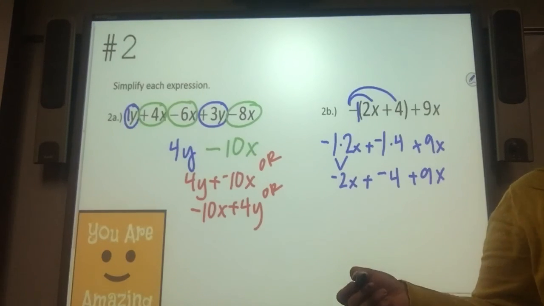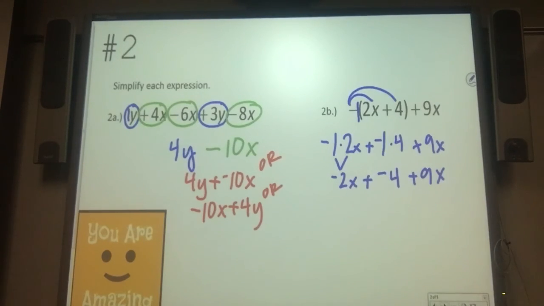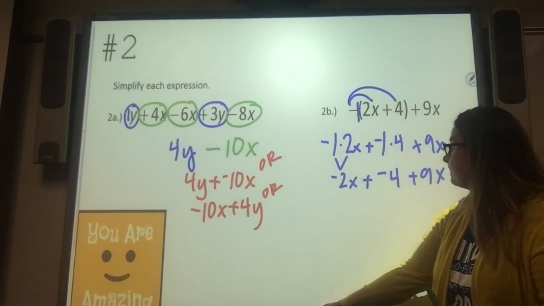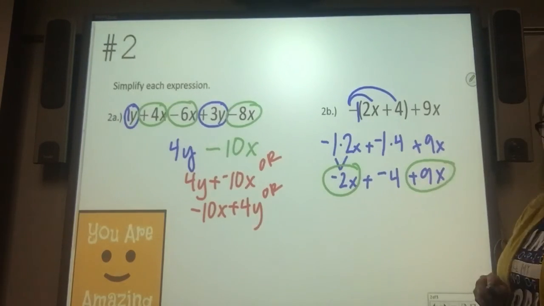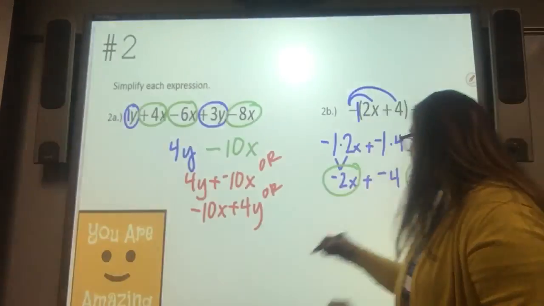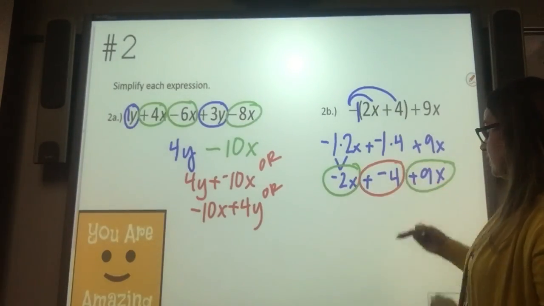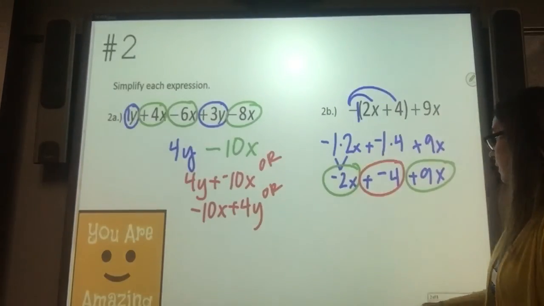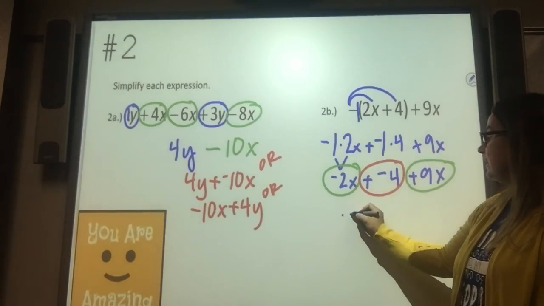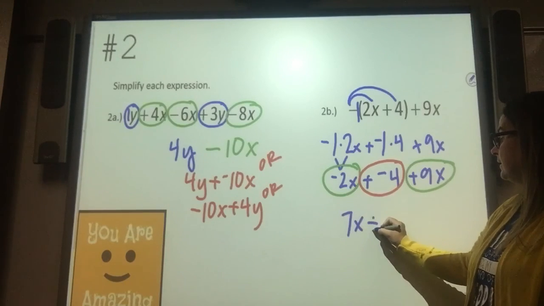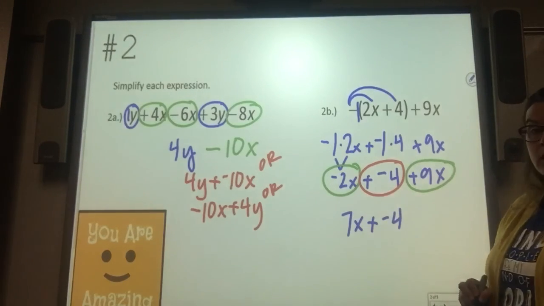So I distributed first. Now what I need to do is combine like terms. Negative 2x and positive 9x. And negative 4 stands alone. Negative 2 plus 9 is 7x plus negative 4.